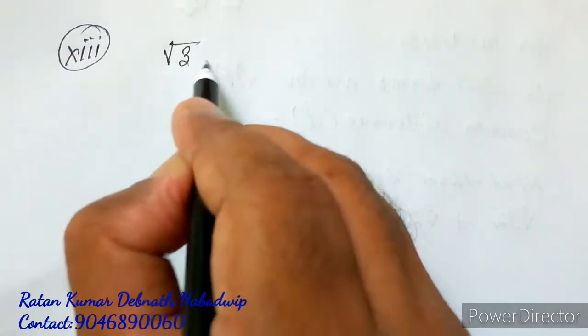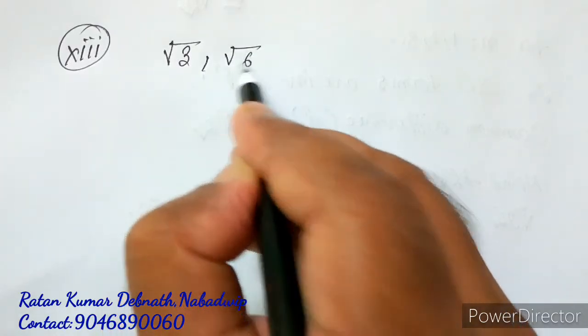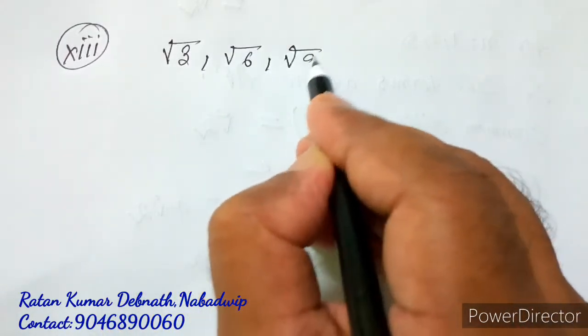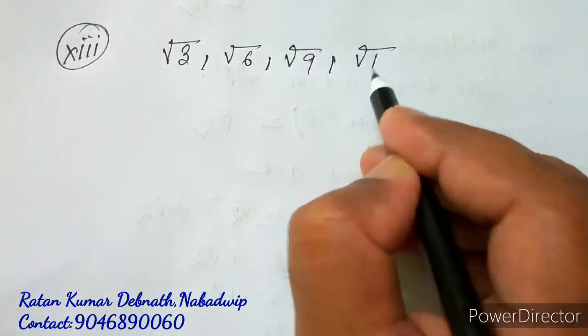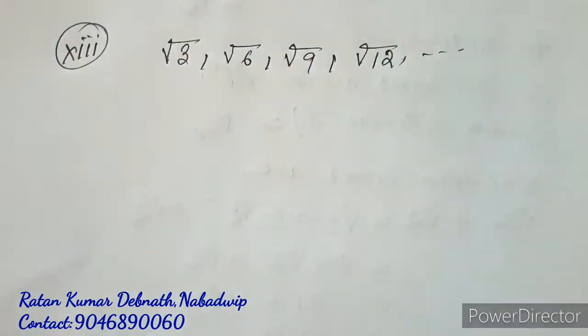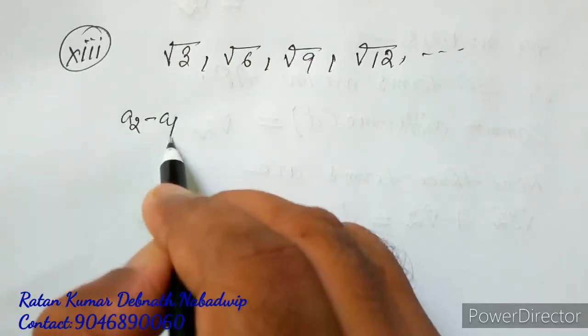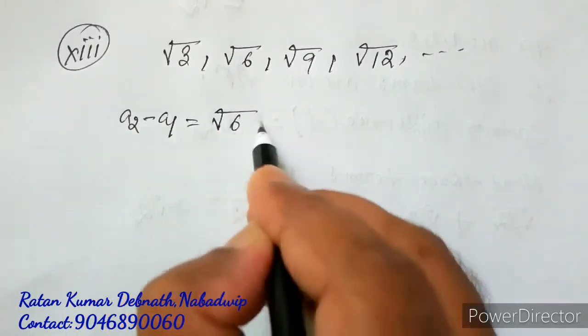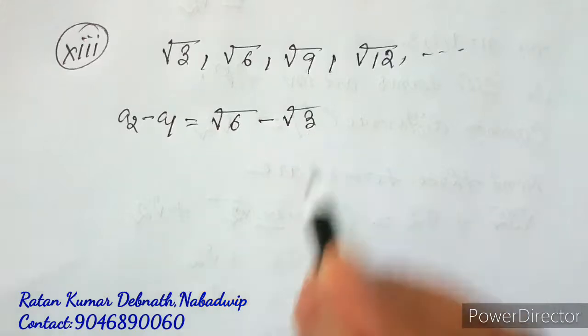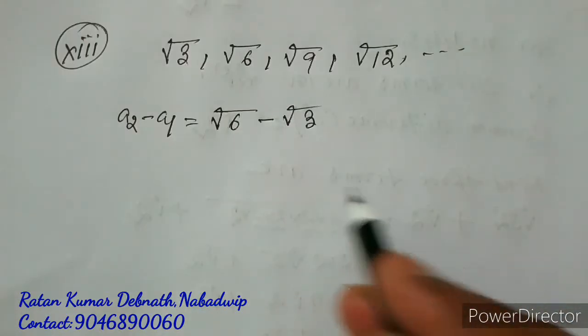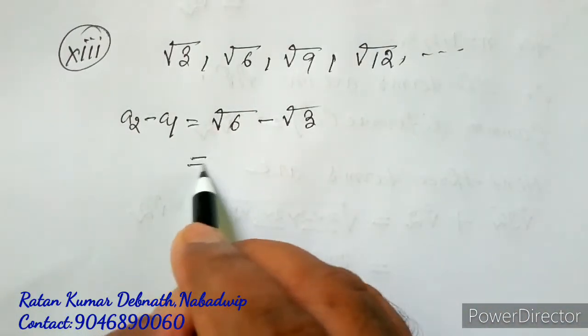The given numbers are root 3, root 6, root 9, root 12, etc. Now a2 minus a1 equal to root 6 minus root 3. We can take common root 3.